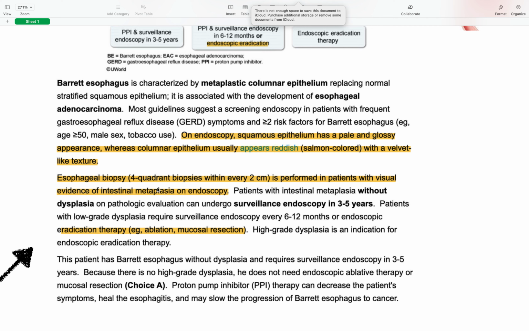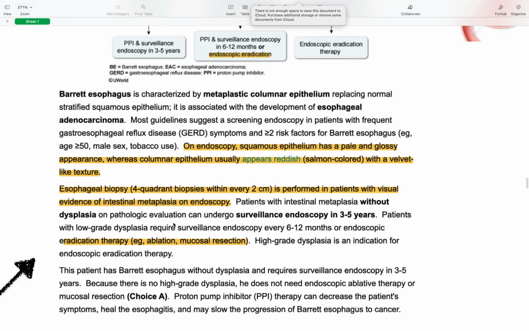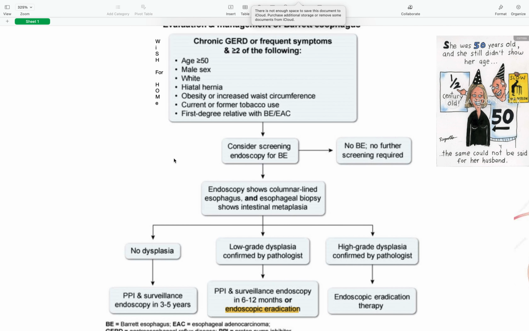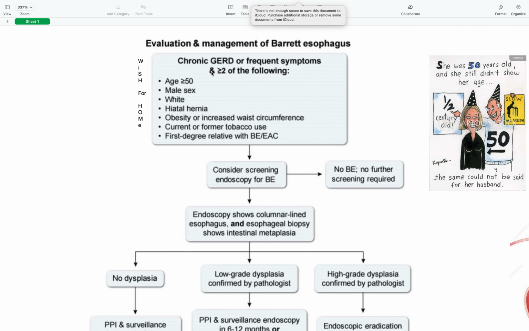So you would do an endoscopy, all right, and then so how do you assess Barrett's esophagus? So chronic GERD of frequent symptoms and any two of the following, such as age more than 50 years, male, white, hiatal hernia, obesity, current or former tobacco use, first degree relatives with Barrett's esophagus or esophageal adenocarcinoma.